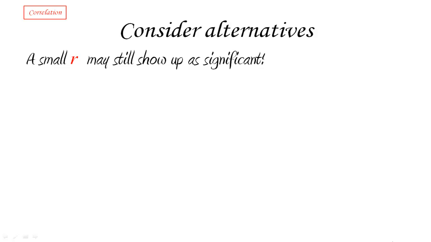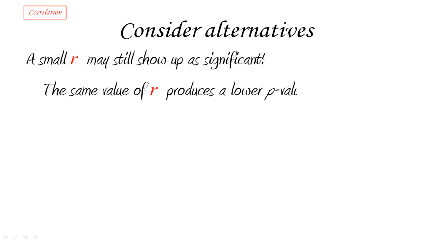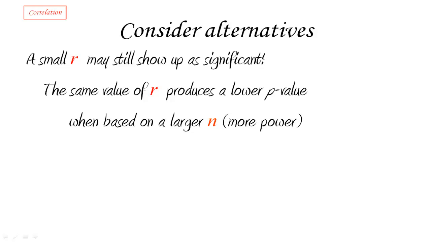So 0.1, you would think of it as being fairly close to 0, indicating little or no relationship. And yet, that r value may generate a significant p-value. Why is that? Well, one of the reasons is because the same value of r can produce a lower p-value if it comes from a larger sample. A larger sample, of course, has more power, so it may end up producing a smaller p-value.